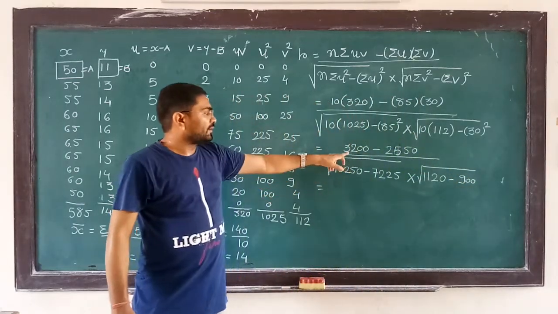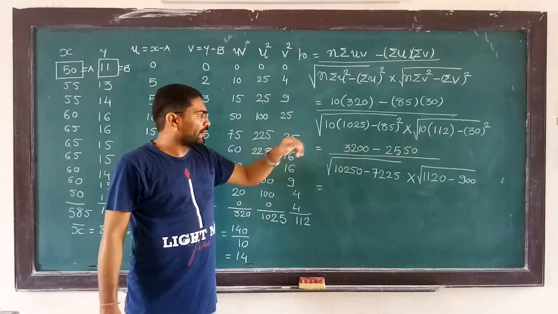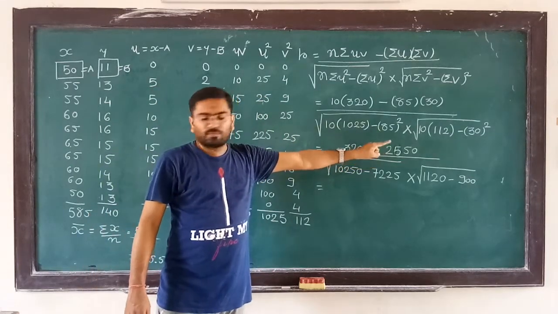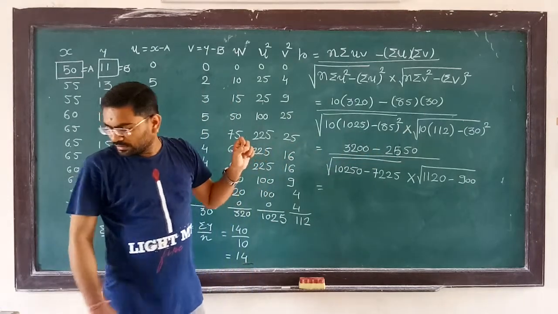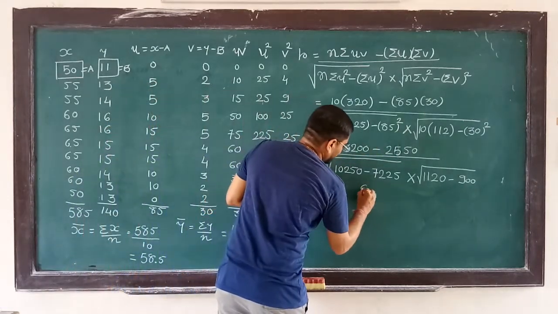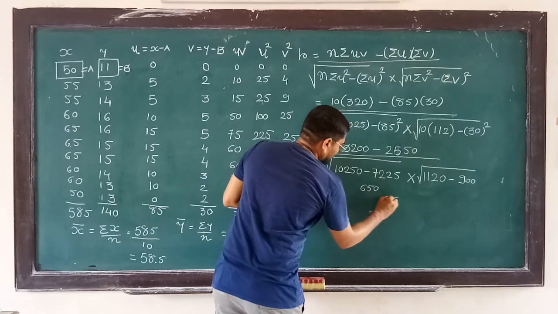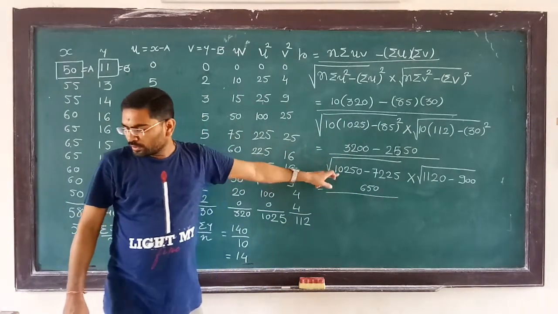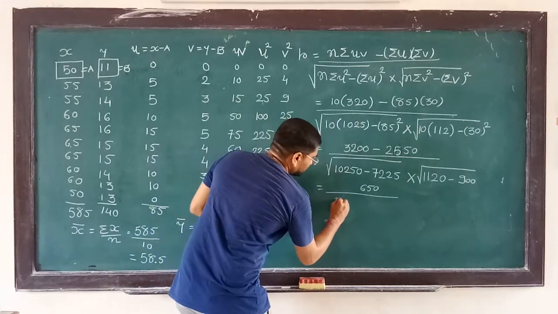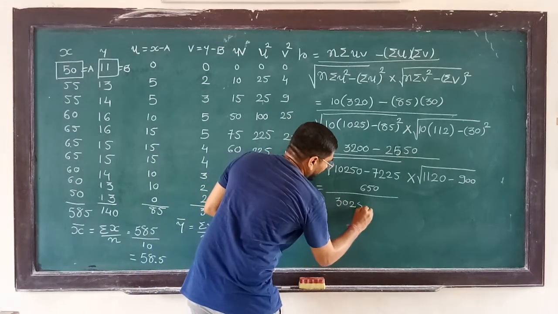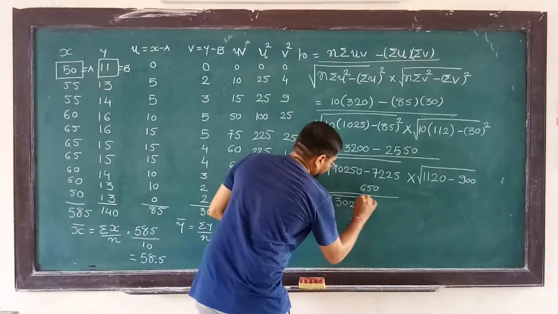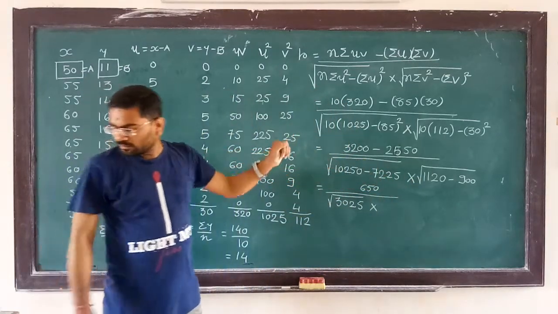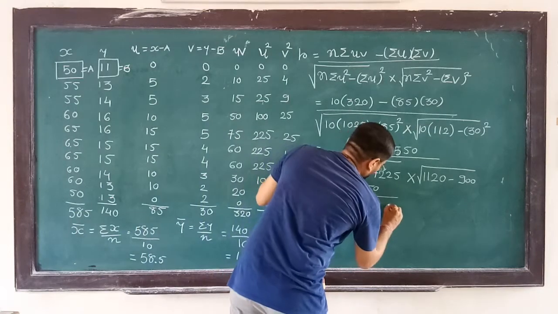Here 3200 minus 2550 is equal to 650, upon the difference in the first bracket, which is 3025, and the difference in the second bracket, which is 220.